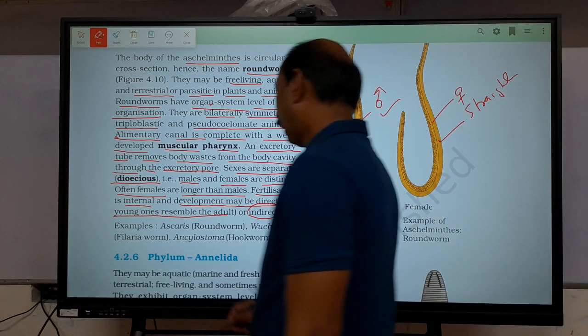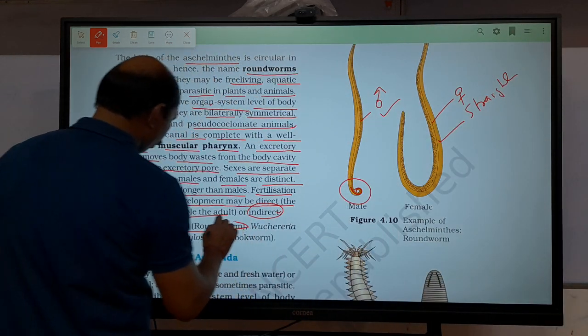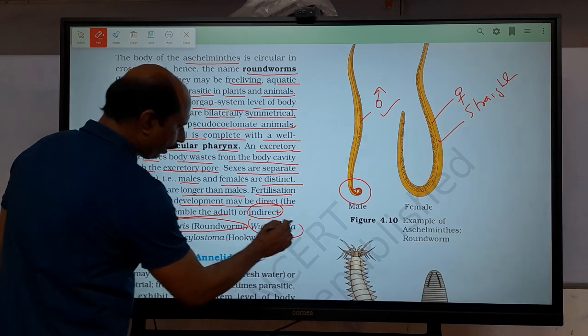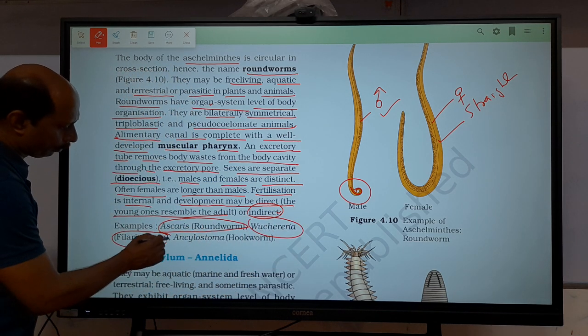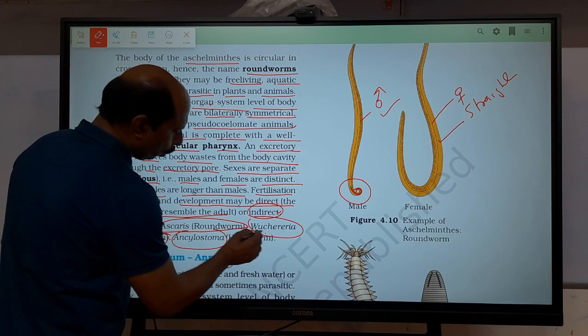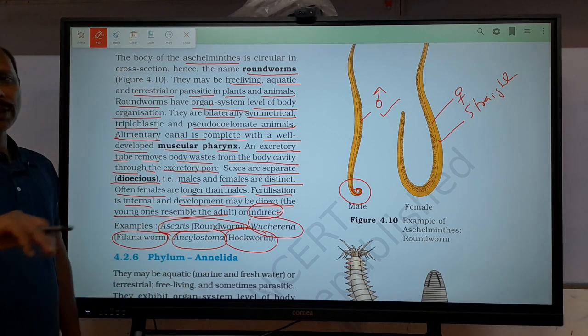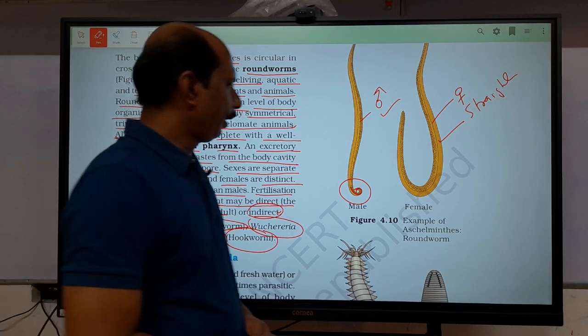Examples are given here: Ascaris, called roundworm, Wuchereria bancrofti, filaria worm, and Ancylostoma, hookworm. Many other examples are also given here, right? We will discuss about this one.